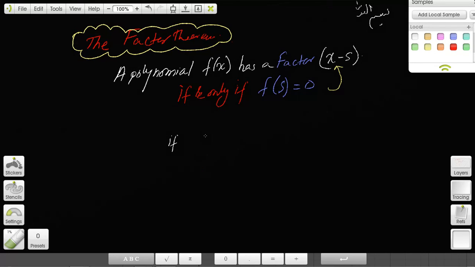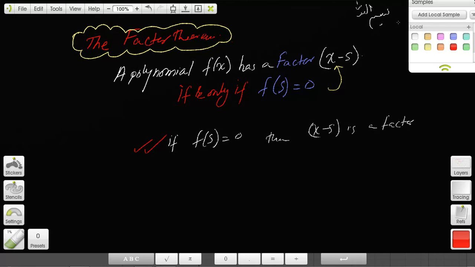If a polynomial has f of s equal to 0, then x minus s is a factor. Perhaps it's easier to remember. It's like this: if f of s is 0, then x minus s is a factor of that polynomial.